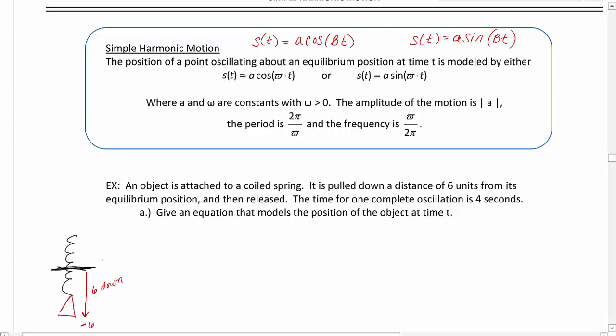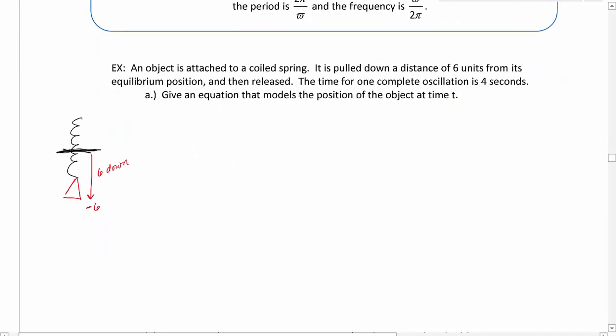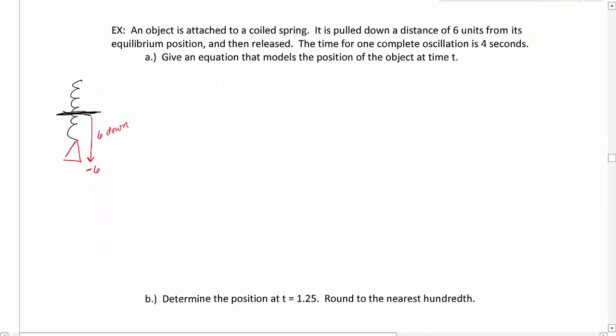The only time it would be sine is if your spring or pendulum was in rest position and then was struck to make it start swinging. So we're going to use cosine, and it tells us the time for one complete oscillation is 4 seconds. Well, that's our period.